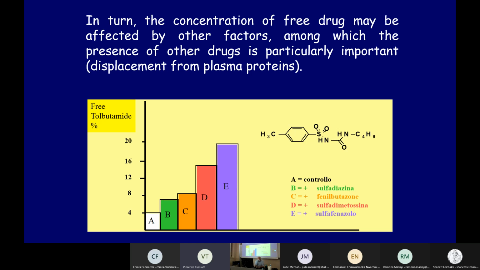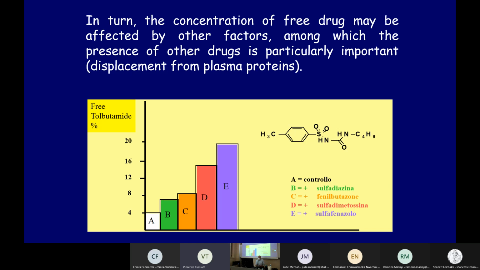Tolbutamide is a drug able to decrease the sugar in the blood. Diabetic people normally use tolbutamide to control the concentration of sugar, of glucose inside the blood.